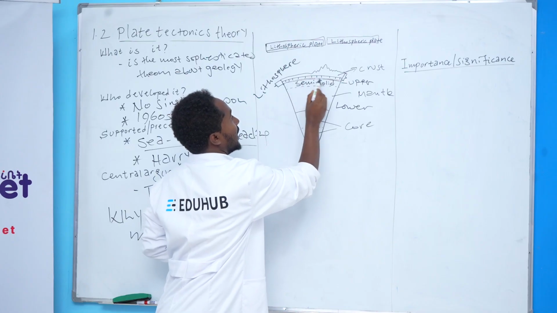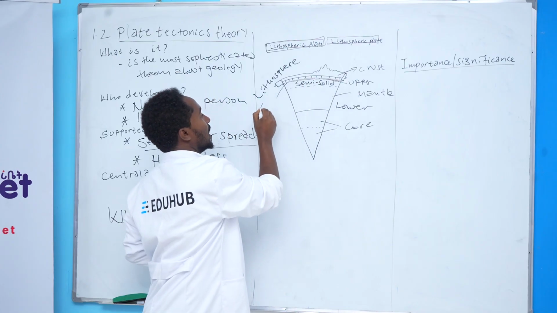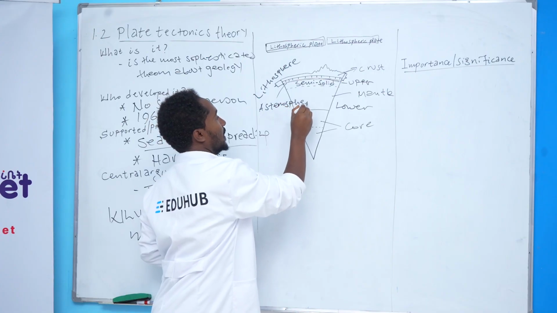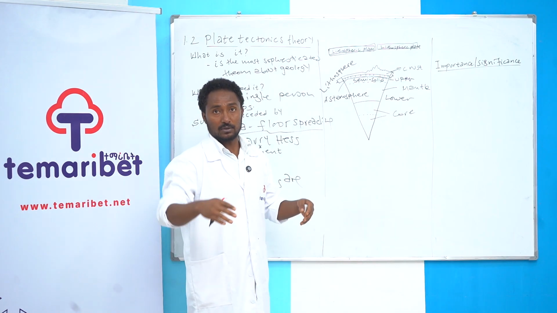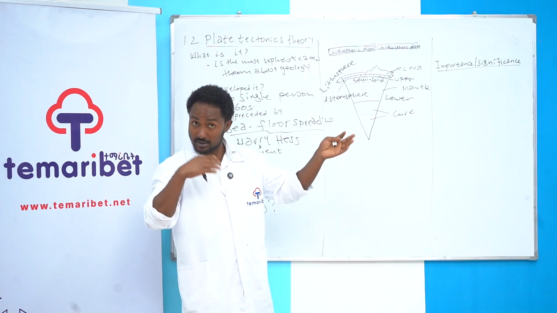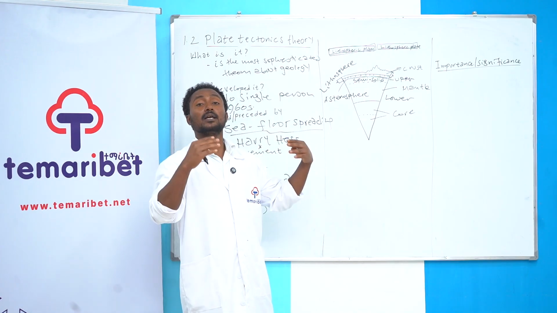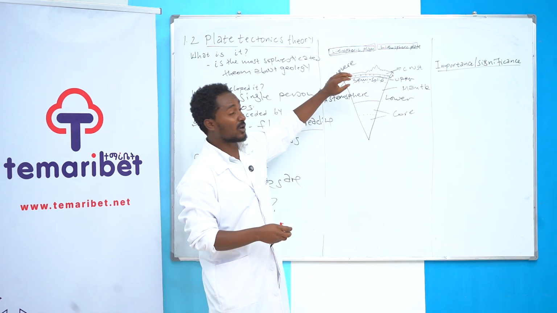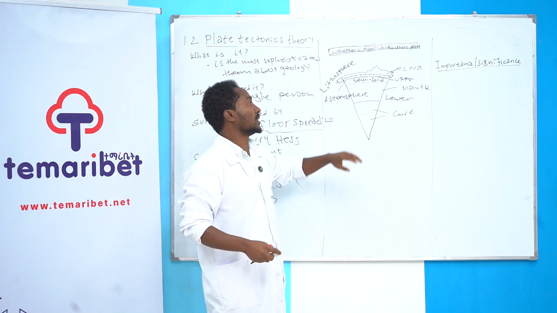This special layer is called asthenosphere. If it is a semi-solid material, it is a plastic-like material. If it is a plastic-like material, then it lubricates the movement of that rigid mass of rocks or the lithosphere.